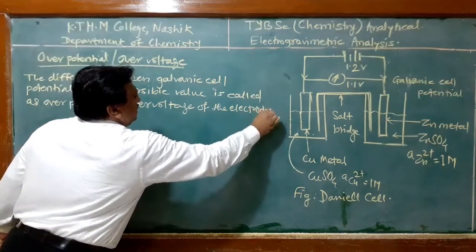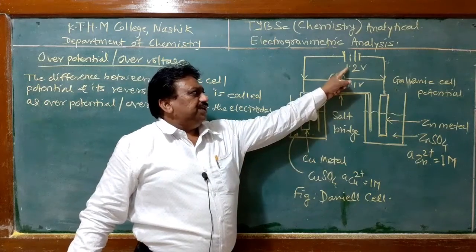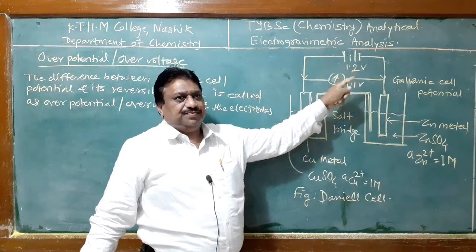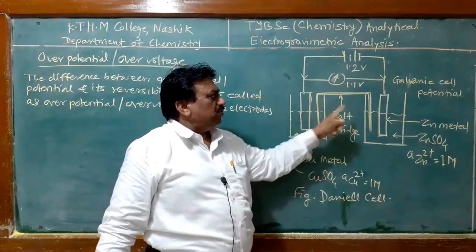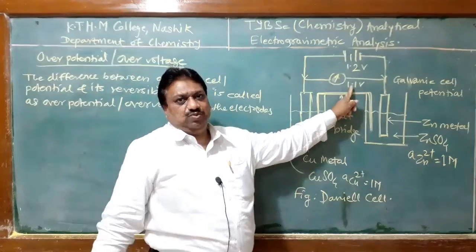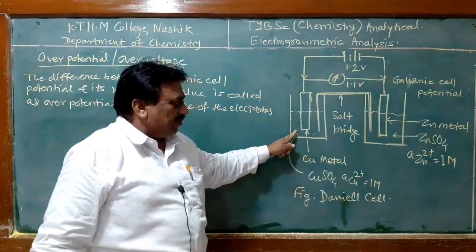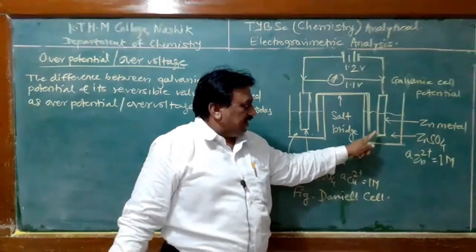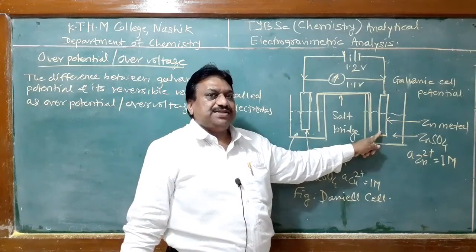Now in this case we studied that when we apply a potential above 1.1 volt, the reactions become reversed. Initially the galvanic cell has its own potential equal to 1.1 volt. This galvanic cell potential depends upon the activity of the metal ion and the position of the metal in the EMF series.